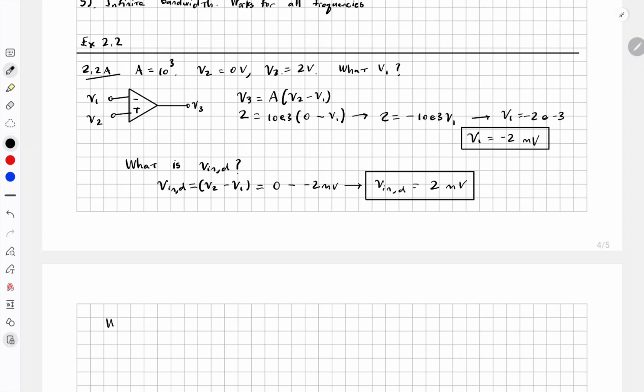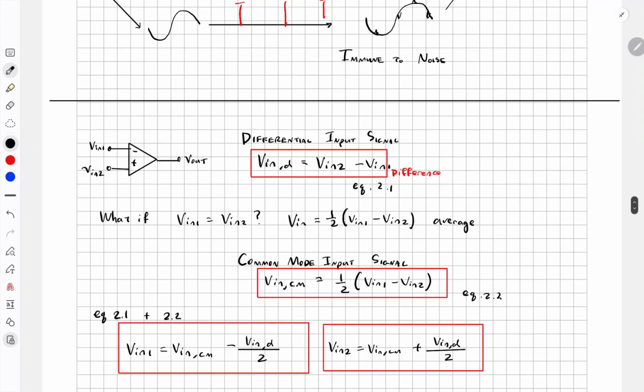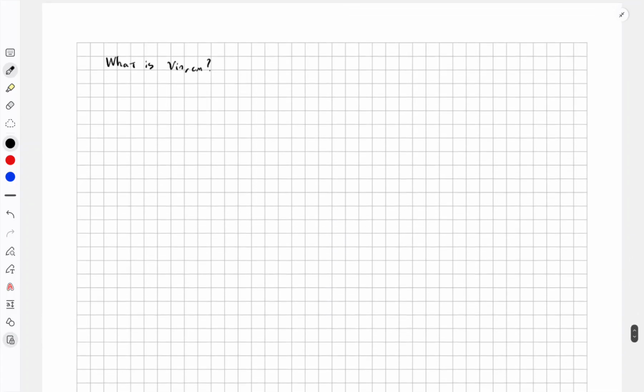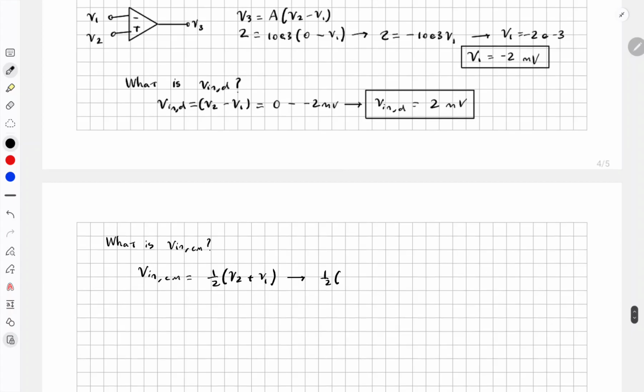Okay, and the next question is, what is V in CM? If you recall from the previous equation, the common mode input signal V in CM is equal to 1/2 times V1 plus V2. It's just the average, right? So V in CM is equal to 1/2 times V2 plus V1, just taking the average.